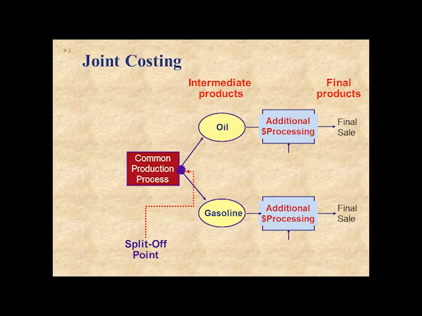When they get this additional processing and are in a condition to be sold, these are then considered to be final products. It is possible for products to be sold right at the split off point. But in this particular slide, these two products cannot be sold until additional processing occurs.